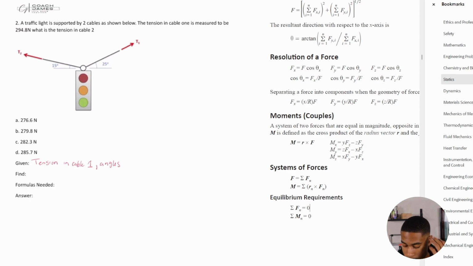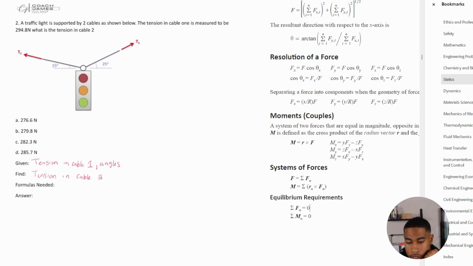I'm looking at this thing and I'm like, gosh, it doesn't seem like they gave us much of anything. All right, we have angles and anything else? Nope. So what are we trying to solve for? Well, we're trying to solve for the tension in cable 2. All right, so what are the formulas we need?